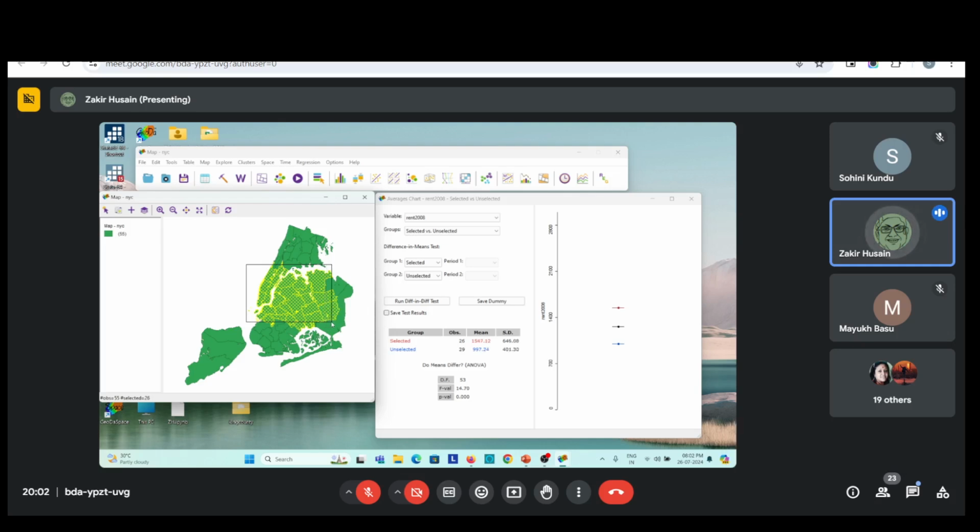Okay, it's still statistically significant. But look over here, is it statistically significant? Look at the ANOVA results. No. I'm selecting another region, New Jersey, I think. Not much difference. So by brushing, you can identify possible spatial regimes.